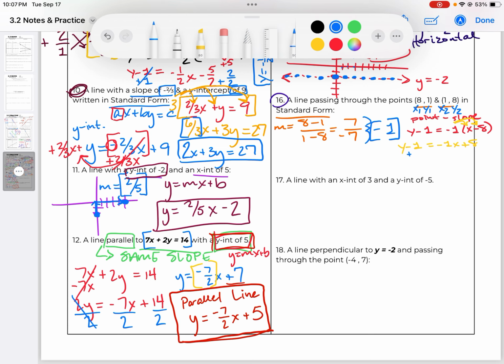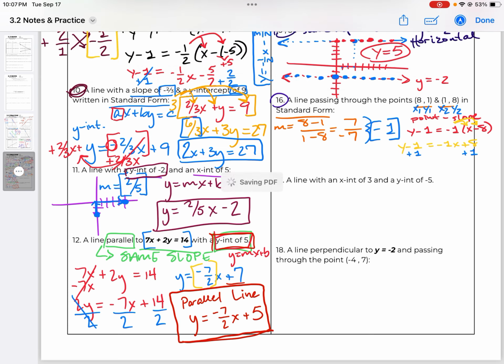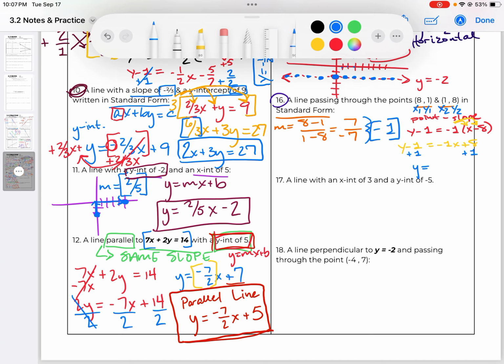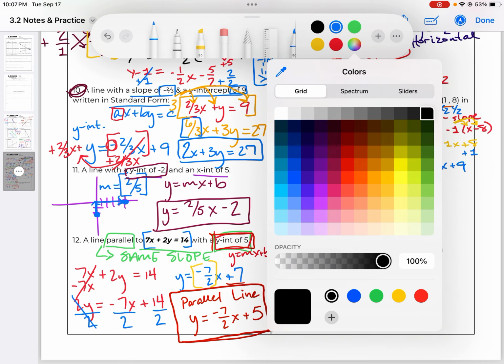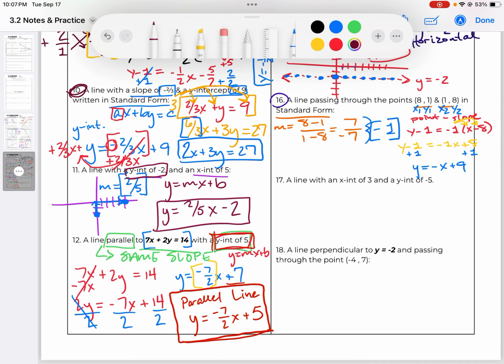And the very last step is to move over this 1. And that gives me y equals -x plus 9. Now, that is in slope-intercept form. So the very last step is to take that equation and write it in standard form.